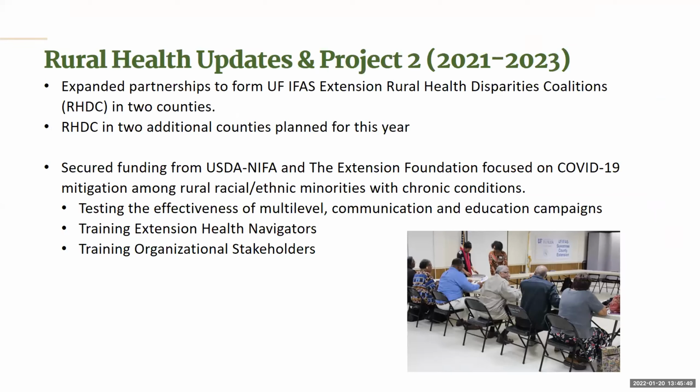So currently we are in Rural Health Project number 2. We have expanded partnerships. We started out, as I mentioned, partnering with faith communities, but we have now established UF-IFAS Extension Rural Health Disparities Coalitions in 2 of those counties.